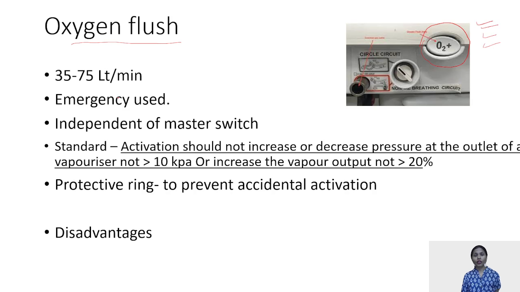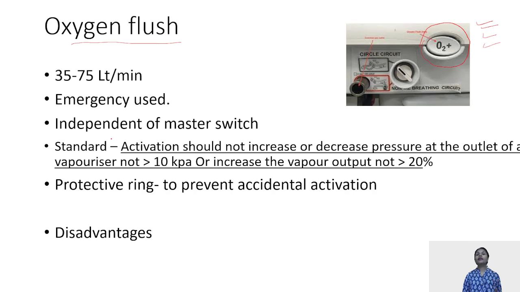An oxygen flush activation has to be such that it is not going to affect your low pressure system, that the vaporizers, whatever they are delivering, it is not going to change beyond 20%, as your oxygen flush is directly related to your common gas outlet. By standardization, activation of oxygen flush should not increase or decrease the vapor concentration of the vaporizer at the common gas outlet by more than 20%.